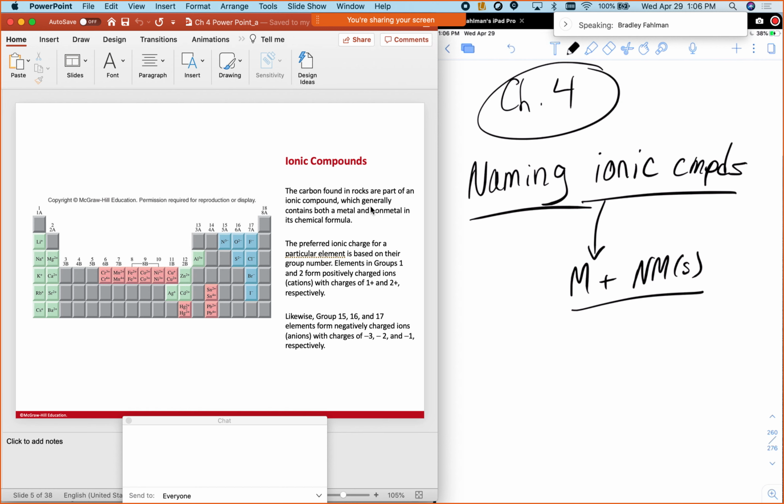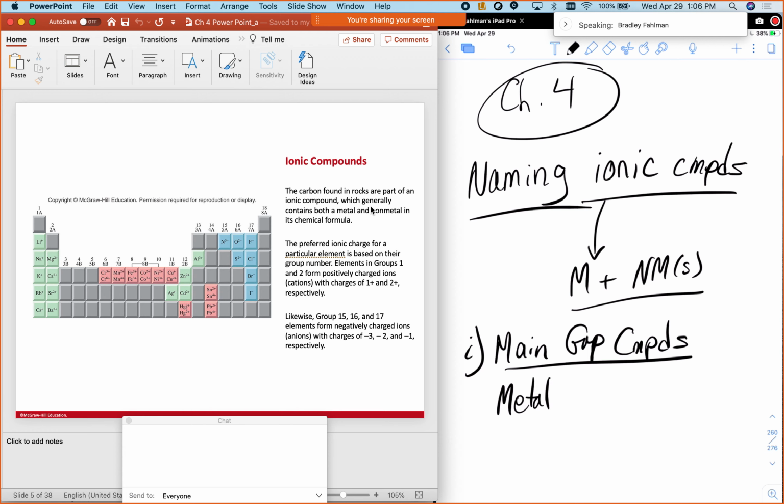I guess there were two varieties. So there are the main group compounds. This is if you have a metal that is in groups really 1, 2, let's say 13 or 14, some of these bottom ones.